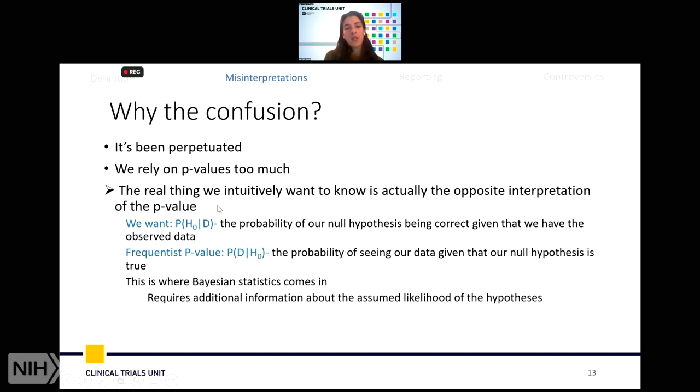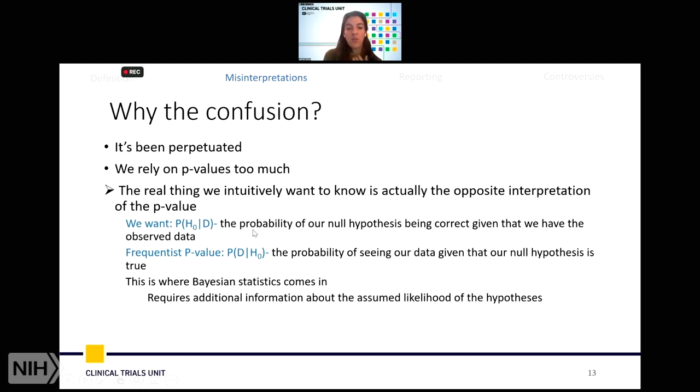And I think the other reason that there is confusion, and this is what some people suspect as well, is that what we intuitively want to know is actually the opposite, or the converse, interpretation of the p-value. I'm not going to go into Bayesian or frequentist statistics here so much, but in actuality, Bayesian statistics is usually more like what we would want to know.